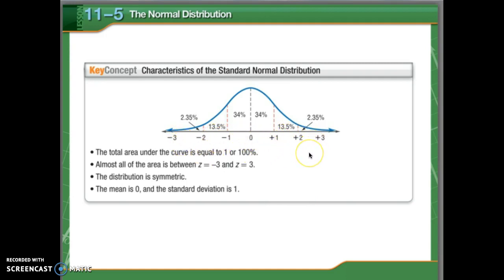So you have normal distributions that can have any mean and any standard deviation, but the standard one always has a mean of 0 and a standard deviation of 1. This is the curve that you would use based off z-scores. It's symmetric. All the other properties that applied to the basic normal distribution that we looked at earlier also apply to this.